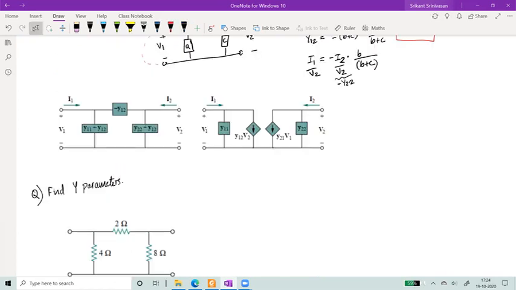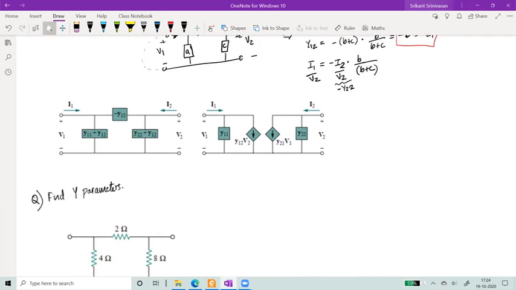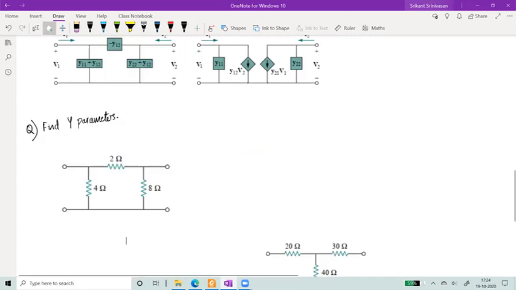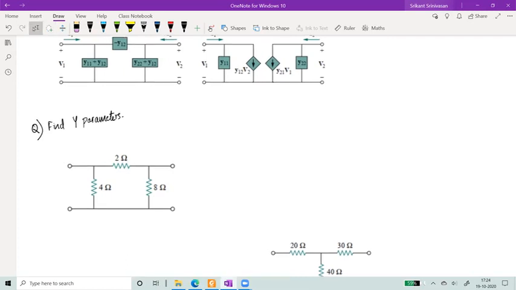Since you remember that we discussed this in terms of admittances, and here what we have measured are in terms of resistances, then in order to apply the formula we directly have, we would have to convert this pi network into an admittance network, right?